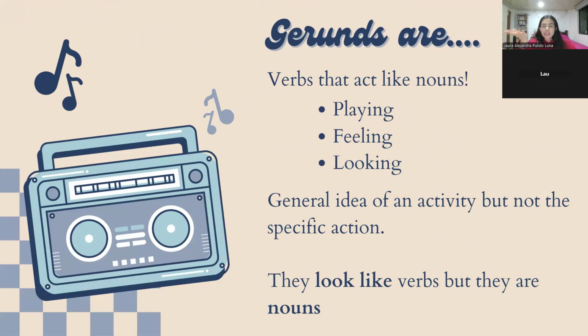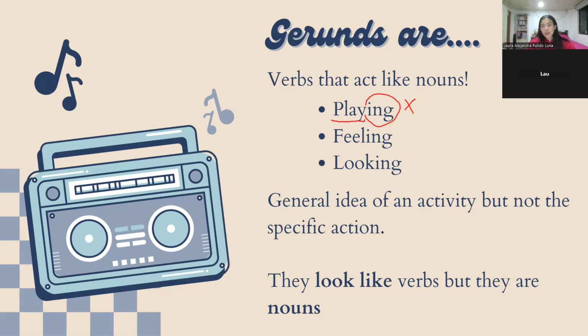What a gerund does is it gives us the general idea of an activity, but not the specific action. That means that they are not talking about something that we are doing. So they are not talking about an action. They are formed with the infinitive of the verb plus the ing.